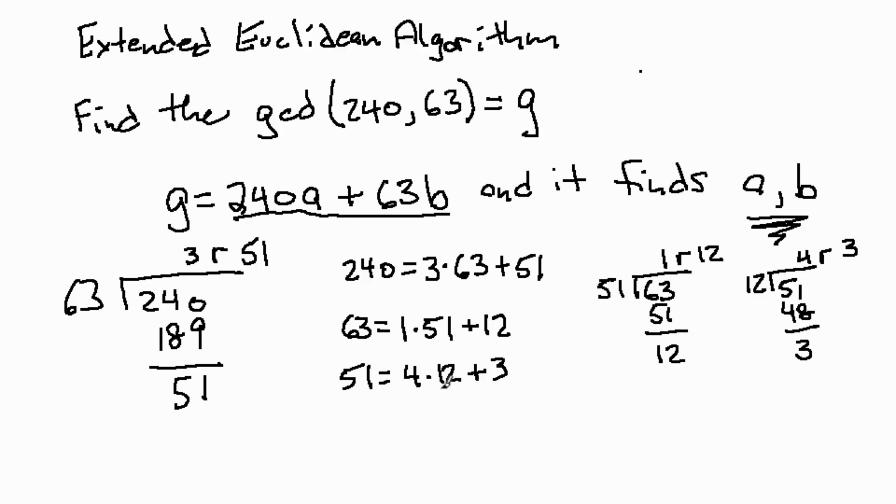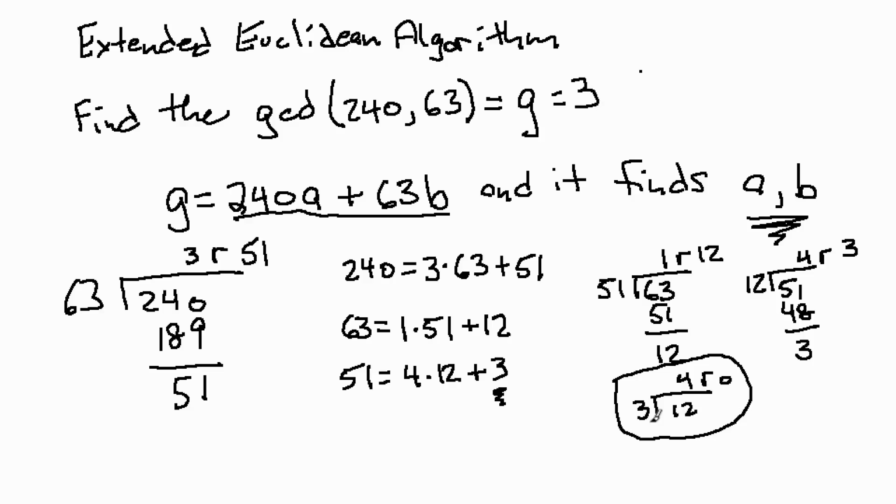And finally I'm going to do this with 12 and 3. And I say, well, 3 goes into 12 4 times, remainder 0. And that actually tells me something very, very important. This tells me that this is the GCD. So in this case, the GCD is 3.